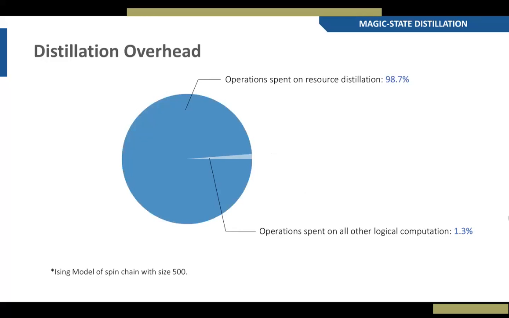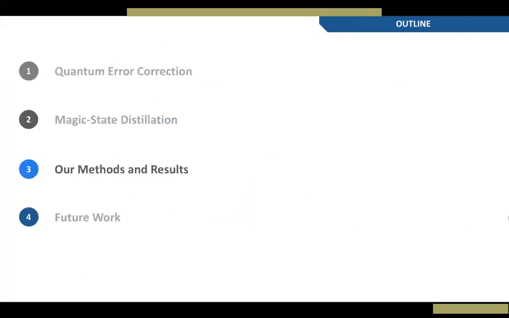So it's a great motivation to optimize the distillation procedure, and that is why we focus primarily on that kind of circuit. Although our method is very general and can be applicable to different circuits, we primarily look at distillation.